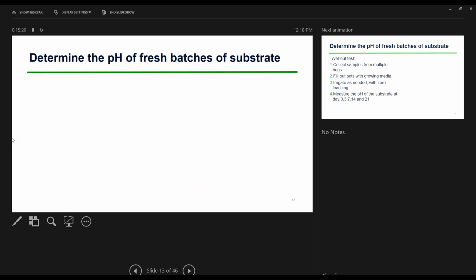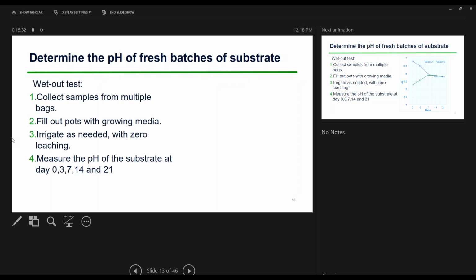Okay. So one of the other things I've talked briefly about, it's important for you guys to make those measurements in-house. So one of the things you want to do is a wet out test. Basically all you need to do is collect your samples from multiple bags. It's important that you don't have just a single bag, but depending on how big you are, collect from multiple bags, from new batches.